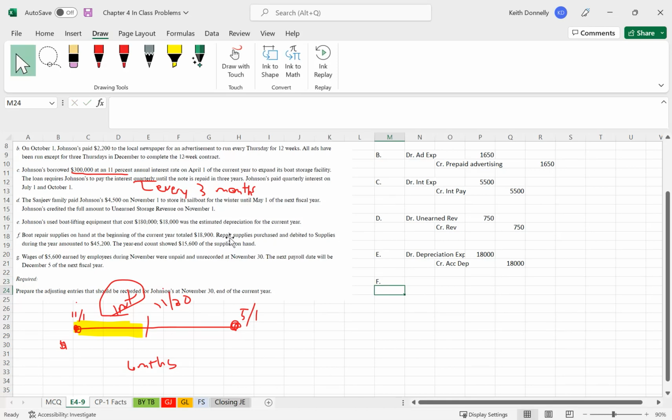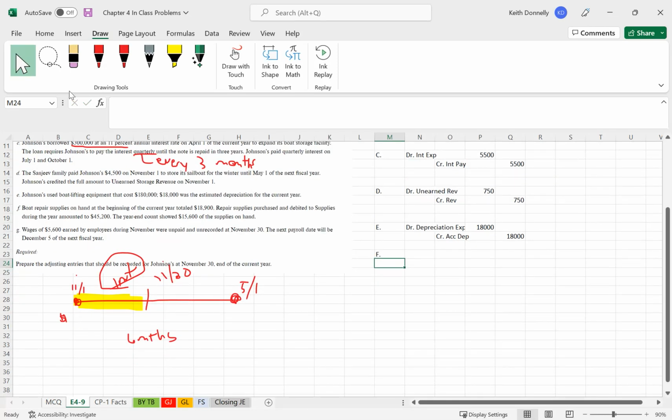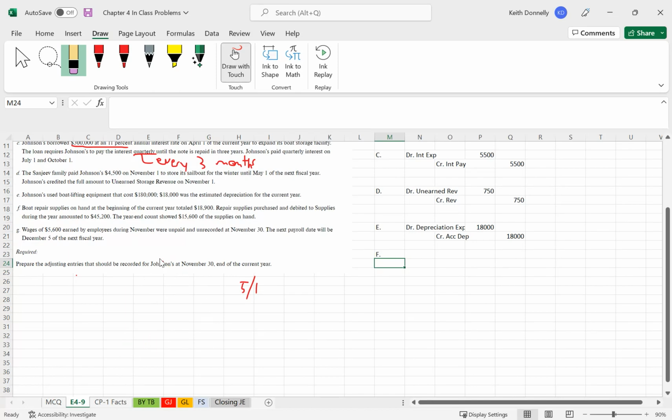F, we got to do a supplies here, it looks like. Okay, so let me erase this. So F, it looks like our beginning supplies were 18.9.